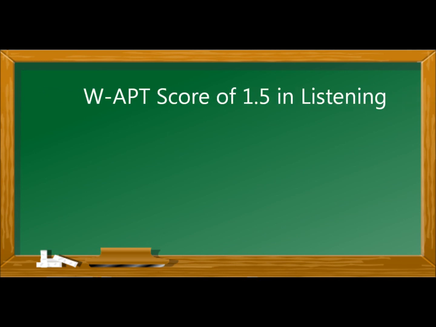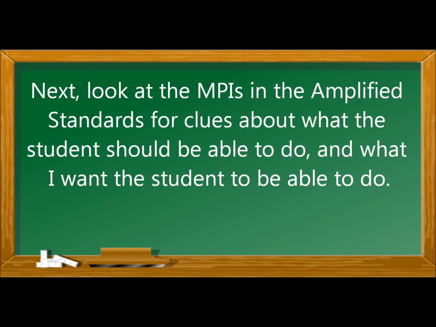So let's review. If I'm a classroom teacher and I have a new student and that student takes the WAPT, let's say they get a 1.5 in listening. So I would look at the amplified standards at the model performance indicators, and that should tell me the kinds of behaviors I should look for and the kinds of things that the student should be able to do.